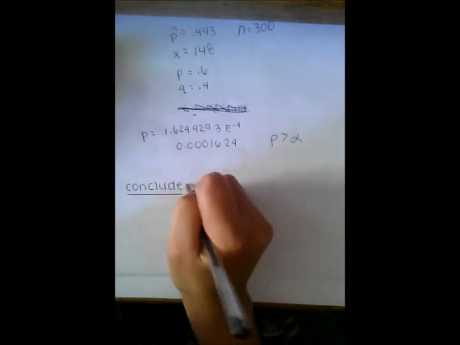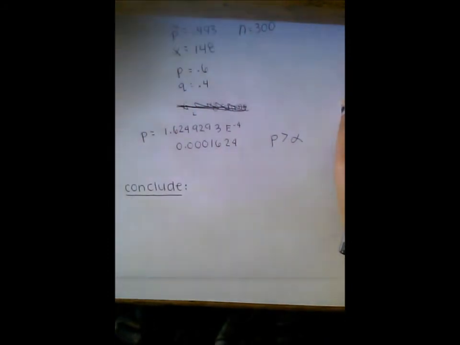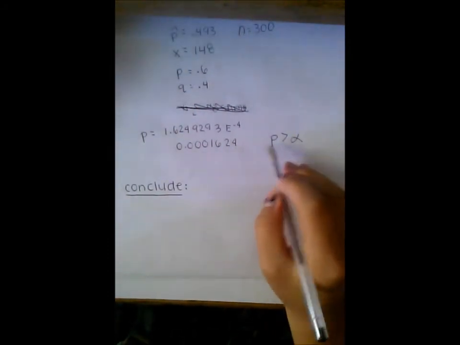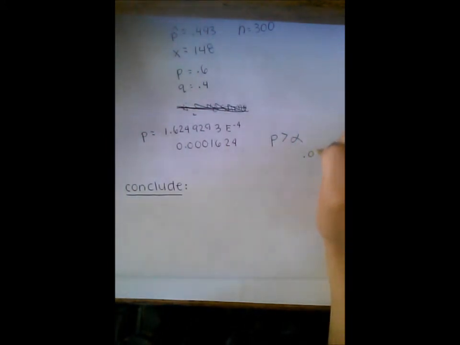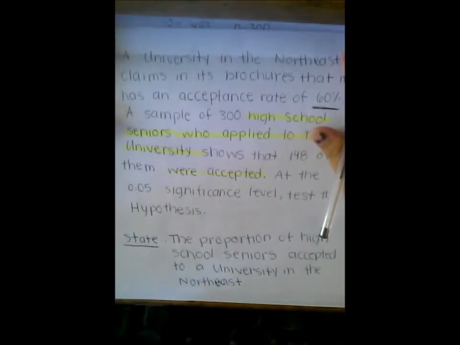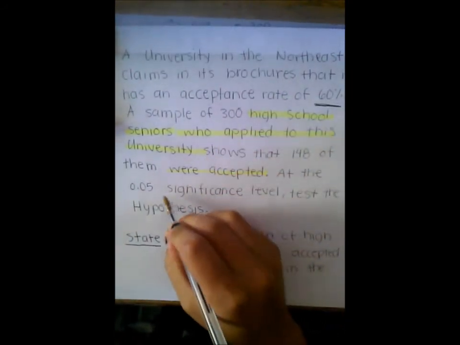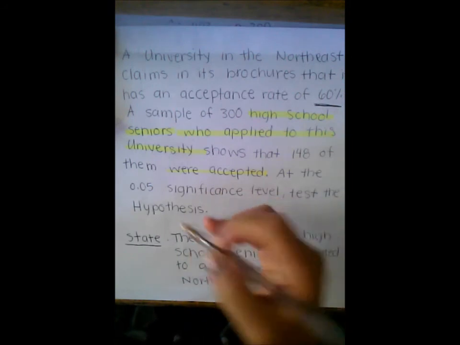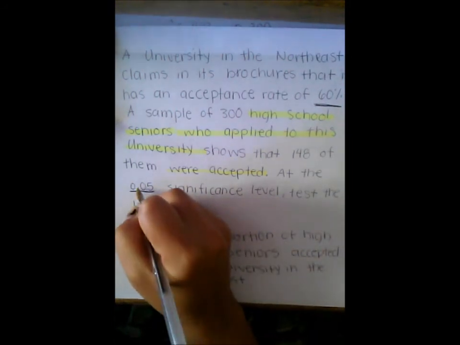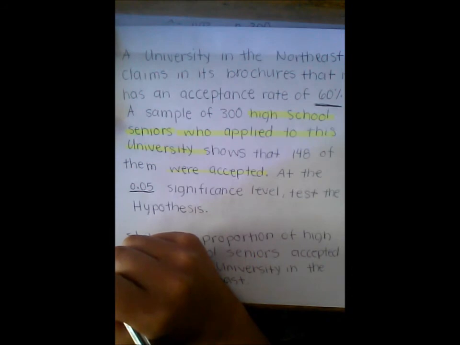To conclude, let's put it into words now. Because p is less than alpha, and our alpha is 0.05. The reason we know this is because the significance level, that's our alpha, is 0.05.